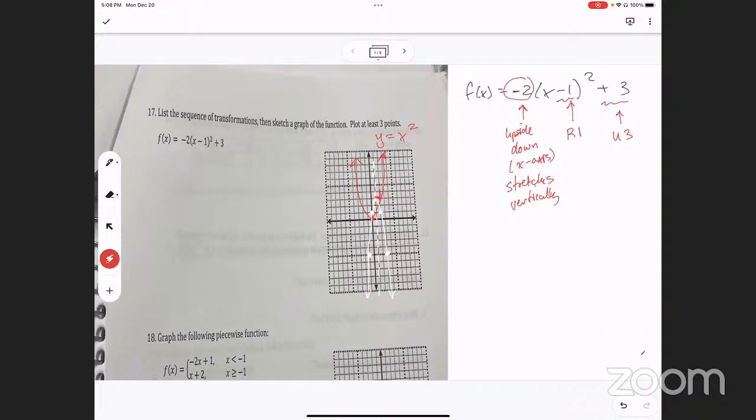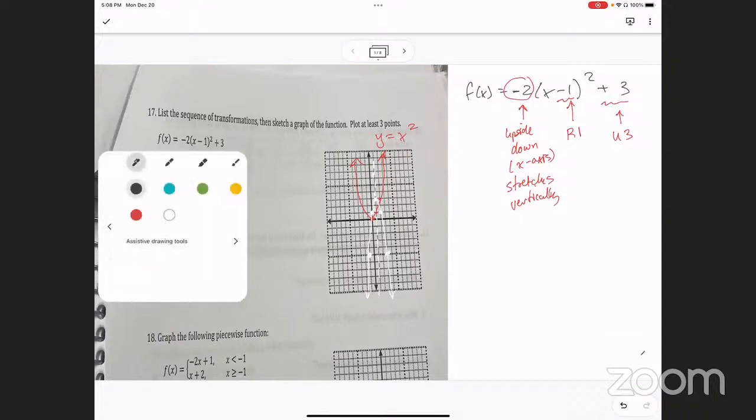Instead of going over 1, up 1, I'm going over 1, down 2, because that's what the -2 did. And normally I would go over 2, up 4, but I'm multiplying that by -2. So -2 times 4 is -8. So I will go over 2, down 8. Oh, okay.